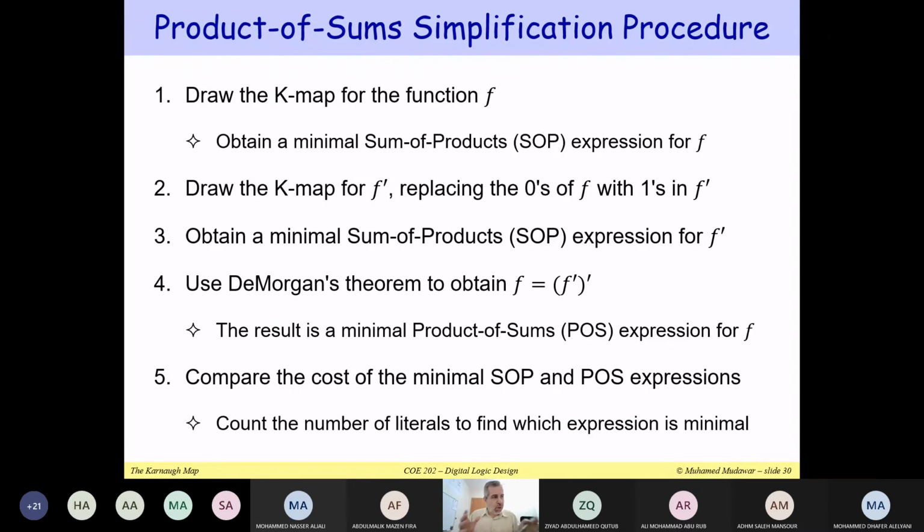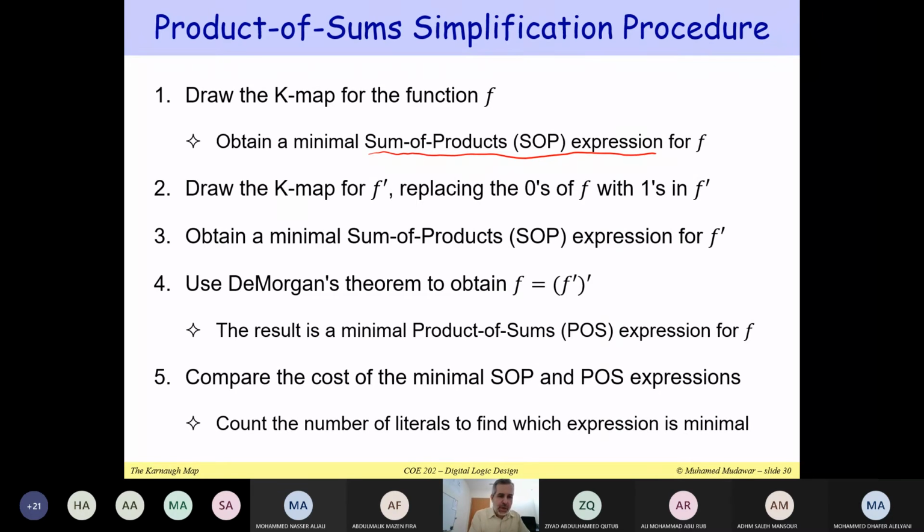So now the simplification procedure. Let me conclude what we have seen. We need to draw the Karnaugh map for the function F and obtain a minimal sum of products expression for the function F. Now we draw the Karnaugh map for F prime, because if you just draw the Karnaugh map for the function F, you will get a sum of products expression. So now what we need to do is replace the zeros with ones and the ones with zeros.